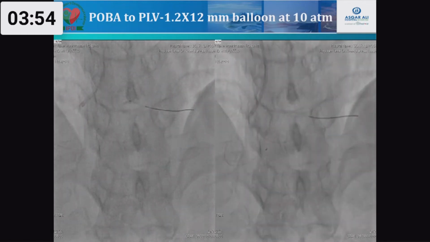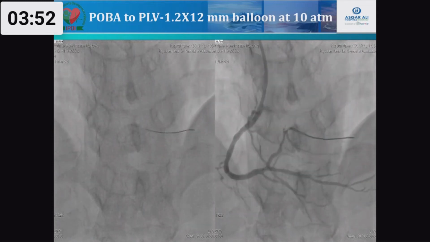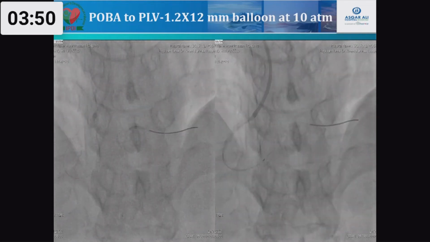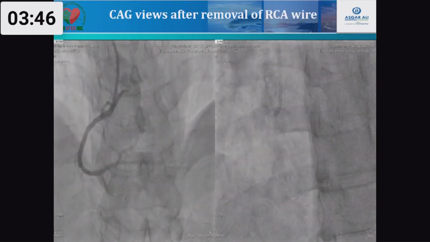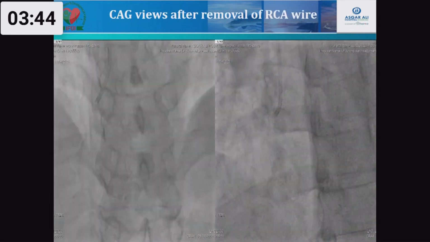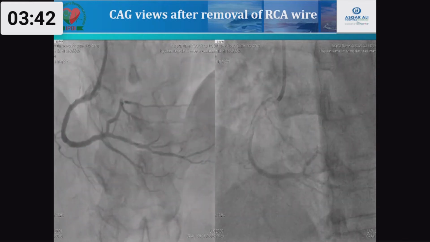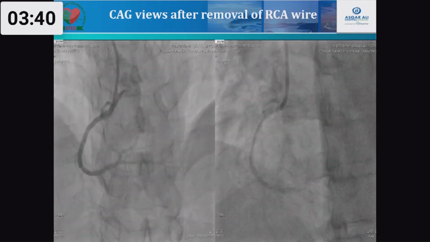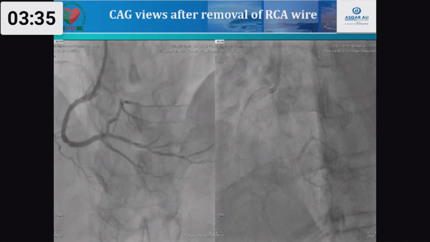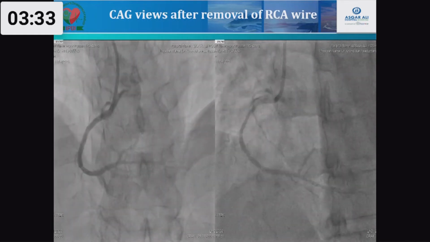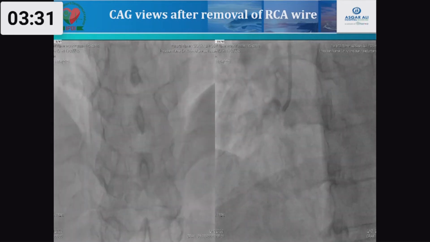So I thought that my job was done. And when I took out the RCA wire and took a shot for final visualization of the right coronary system, at this time, initially, I did not see any right coronary artery, just after removal of the wire. But after giving some nitrates, I could find the right coronary artery very nicely.